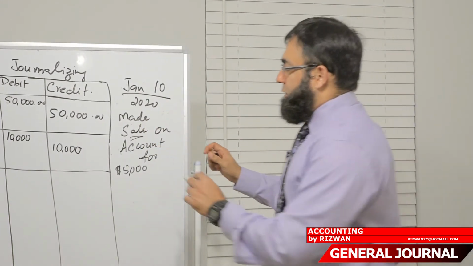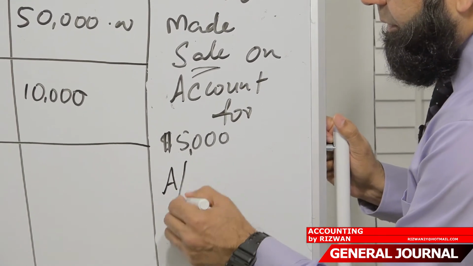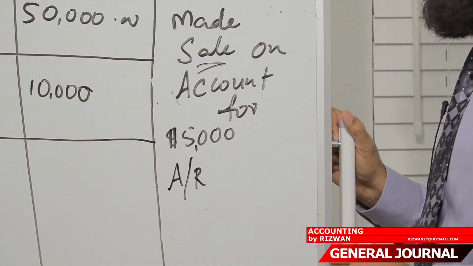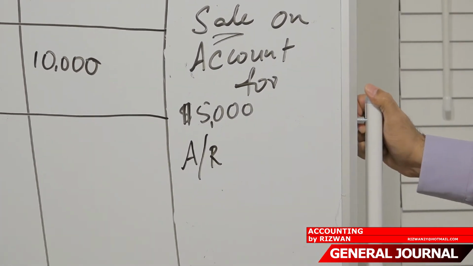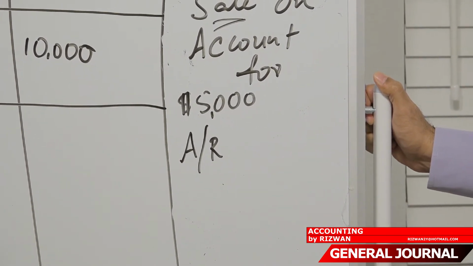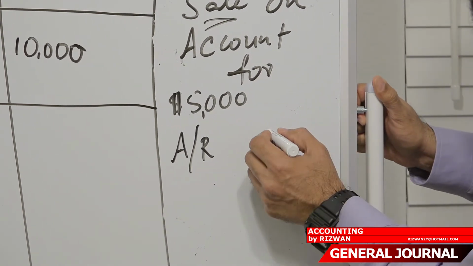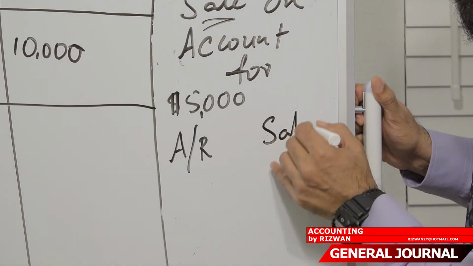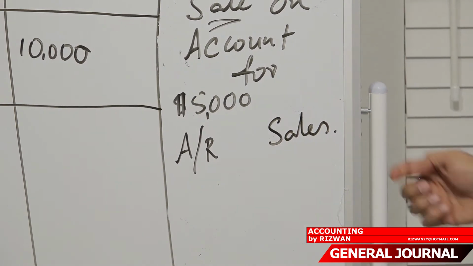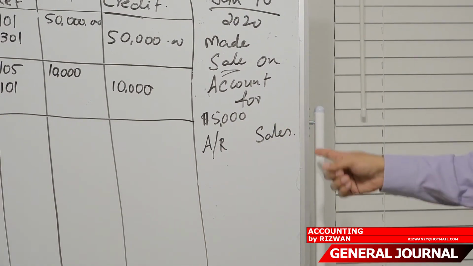Account receivable, which I abbreviated with AR, guys, because he's making a promise that he will pay you later on. And the other account affected is sales. So the two accounts affected are account receivable and sales.